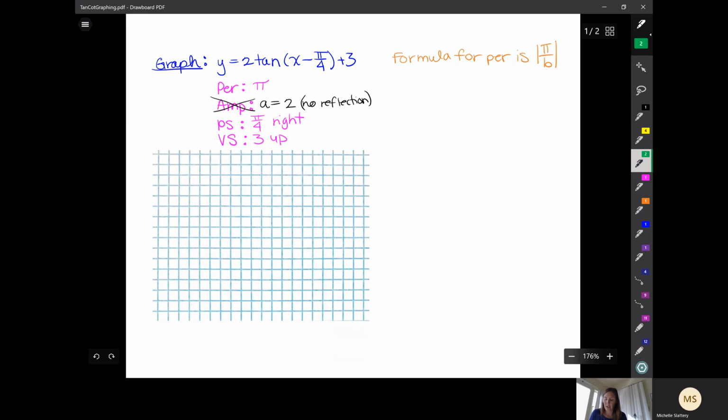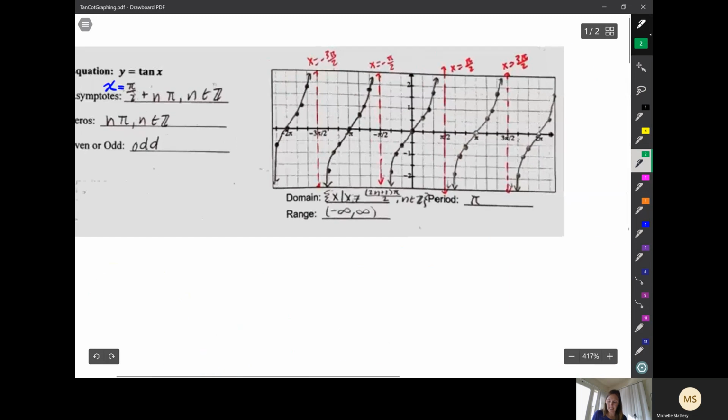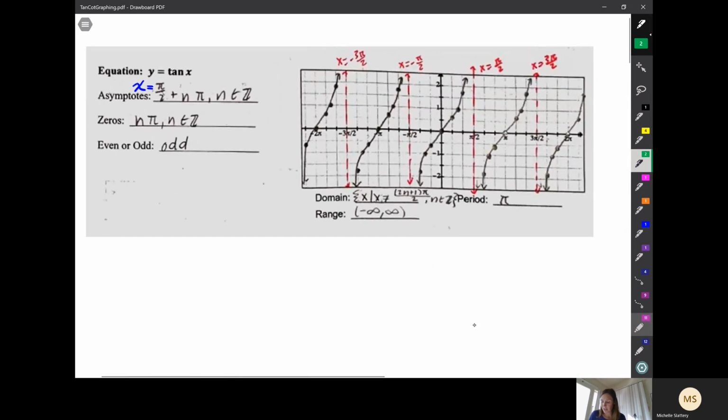Now, you can find different strategies for graphing tangent functions and cotangent functions. Because they have asymptotes, and we know that one period is contained between those two asymptotes, I like to graph the asymptotes and then use symmetry to find in between. Because if I go back up to my parent function real quick, I can see the symmetry that I have here. So I can see that here's an asymptote, here's an asymptote.